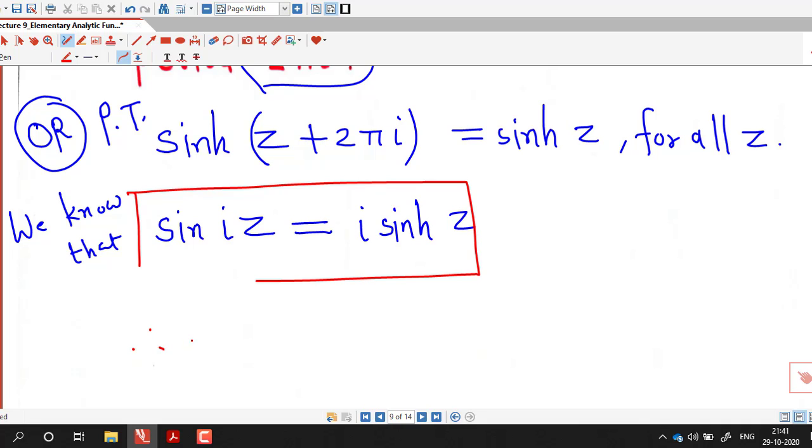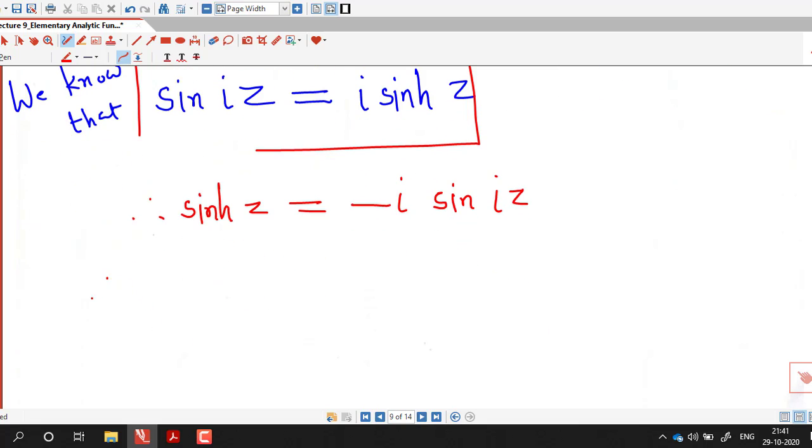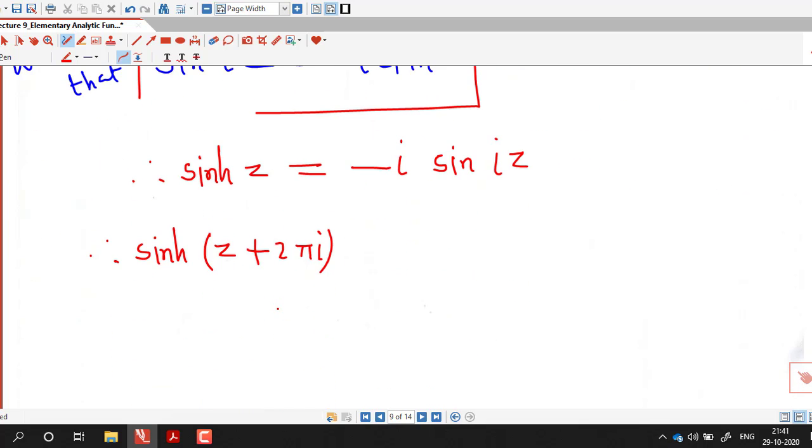So therefore sine hyperbolic z can be written as 1 upon i, which is minus i sine iz. So therefore sine hyperbolic z plus 2 pi i, we replace z by z plus 2 pi i, equal to minus i sine i, instead of z we have to replace z by z plus 2 pi i.